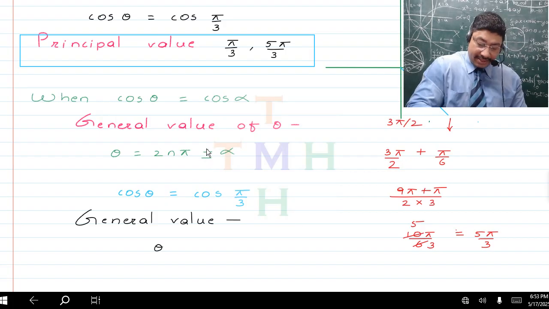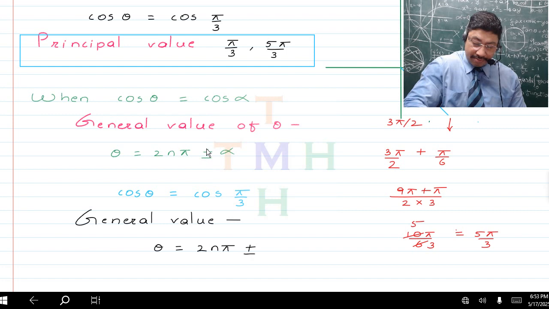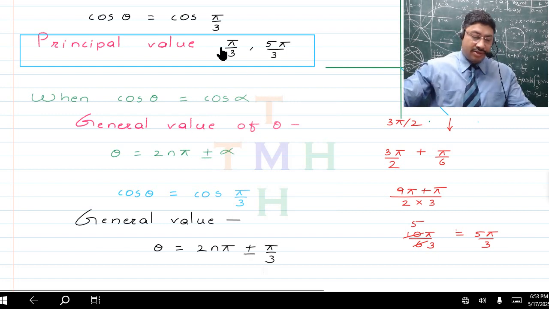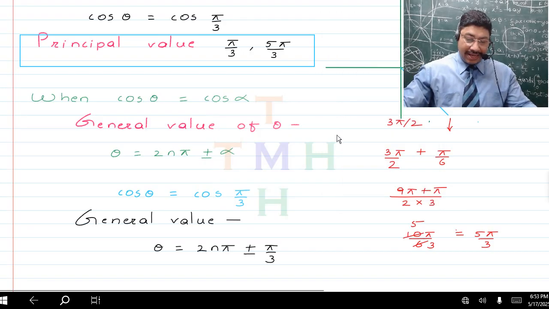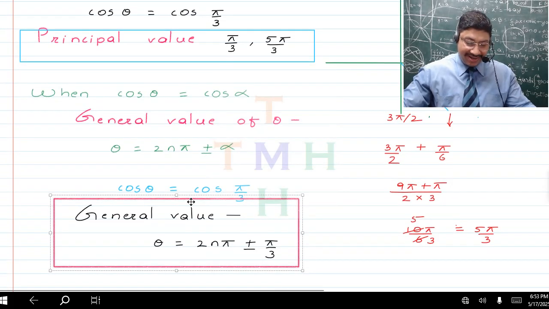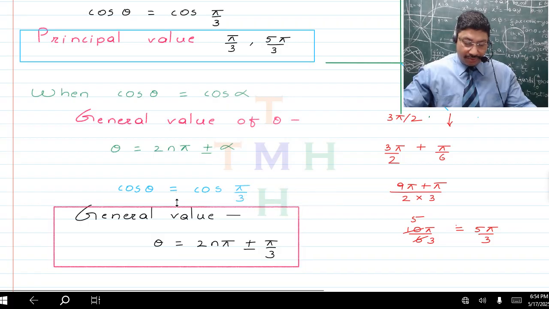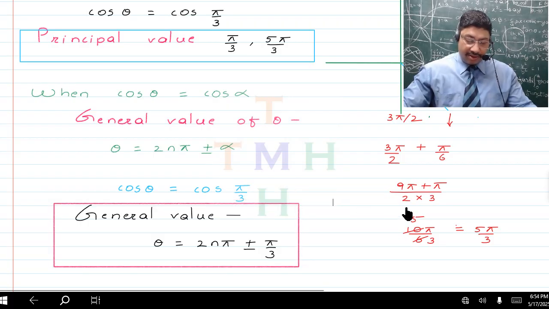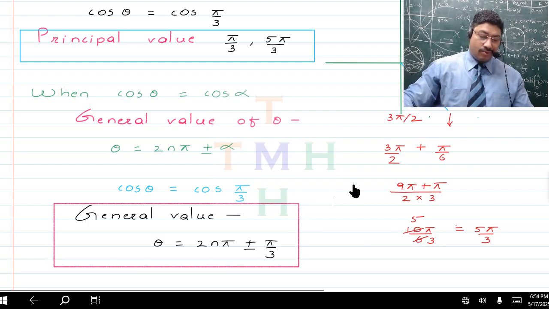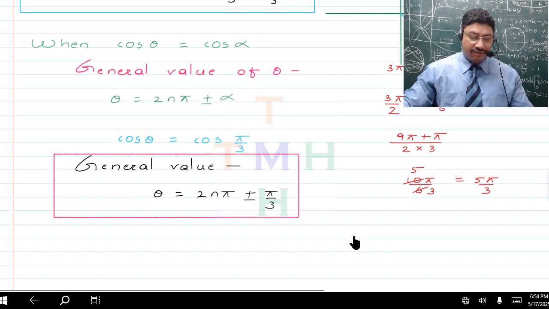That's theta to be equal to 2n pi plus minus pi by 3. Right children? So this is another answer that you'll be having. And now we'll again put that in a box which just looks like a tomb, but it is not, remember, right? Okay, so this is another value of theta, the general value, right, from this case. So that is all that you're going to do in this question.